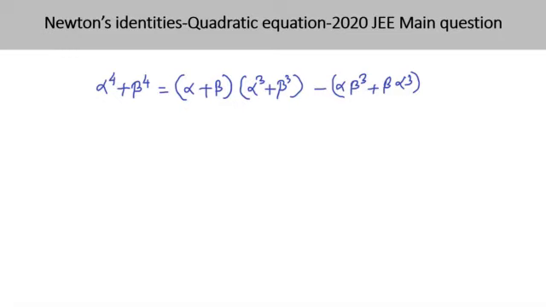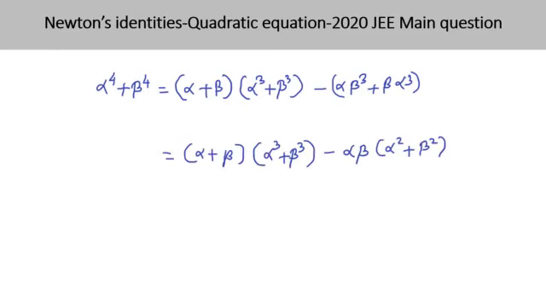Alpha to the power 4 plus beta to the power 4 is equal to alpha plus beta into alpha cube plus beta cube minus the additional terms that have been added out of this multiplication, which is alpha beta cube plus beta alpha cube. Now if we take alpha beta common from the second term, the equation will become alpha plus beta into alpha cube plus beta cube minus alpha beta into alpha square plus beta square.